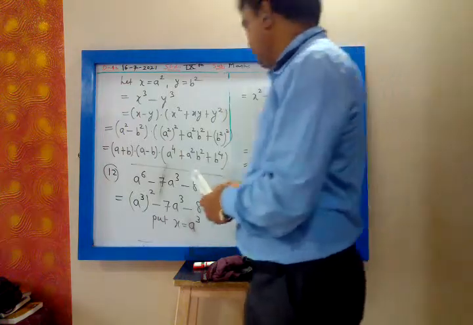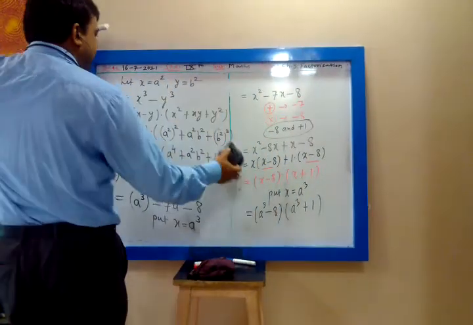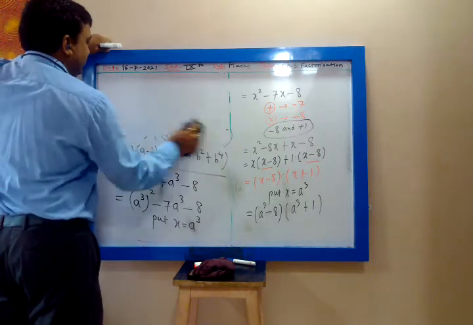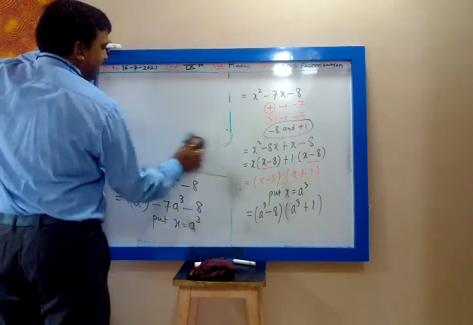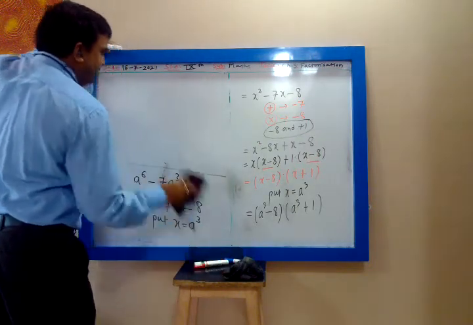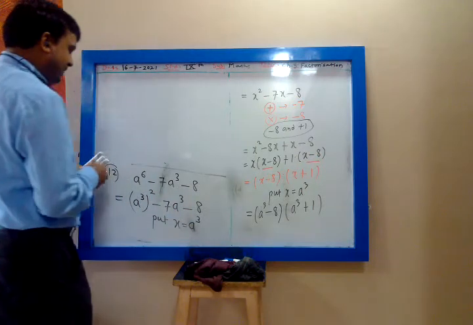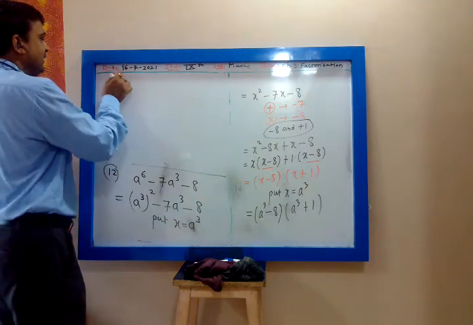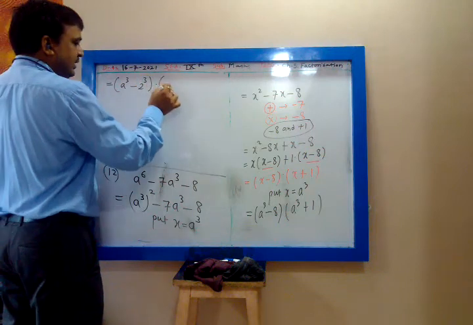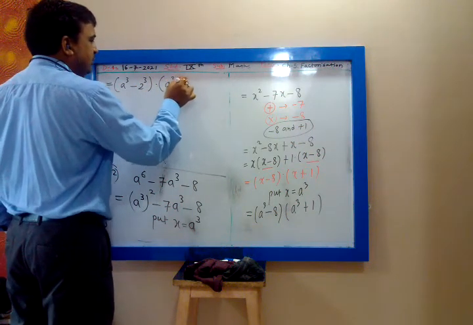Now again, one is difference of 2 cubes, the other is sum of 2 cubes. Yes or no? a cube minus 8 you have to simplify, my dear. a cube minus 8, I can write as a cube minus 2 cube. Then a cube plus 1, I can write as a cube plus 1 cube.